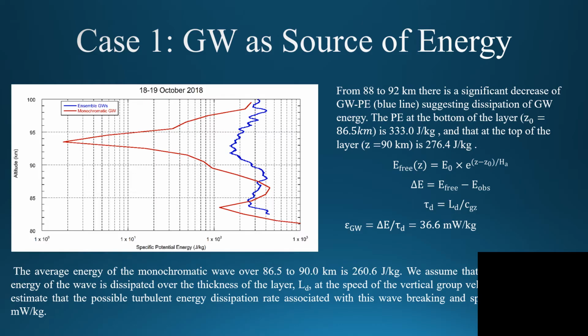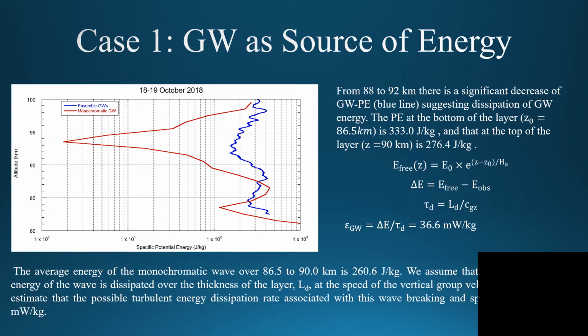First, we estimate the potential energy at the bottom of the layer, and then we estimate the energy at the top of the layer. If the gravity waves are freely propagating, the potential energy should grow with the scale height of the atmosphere.